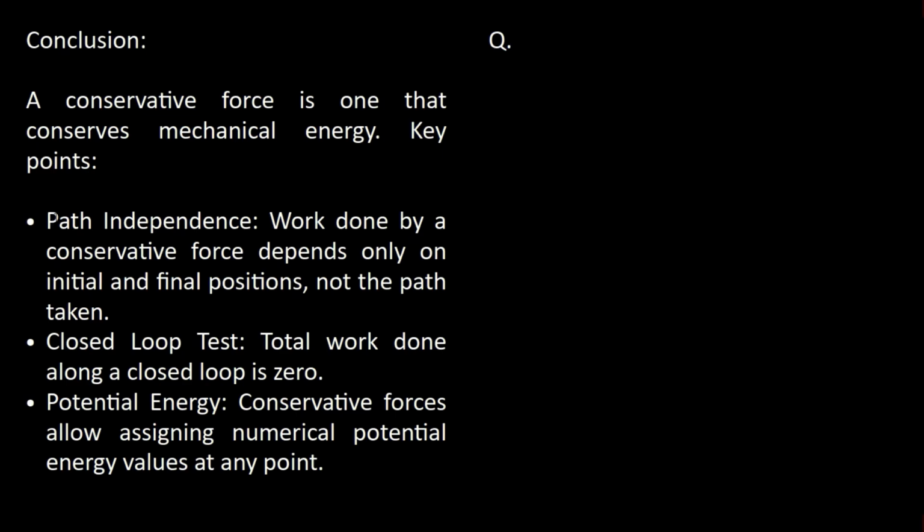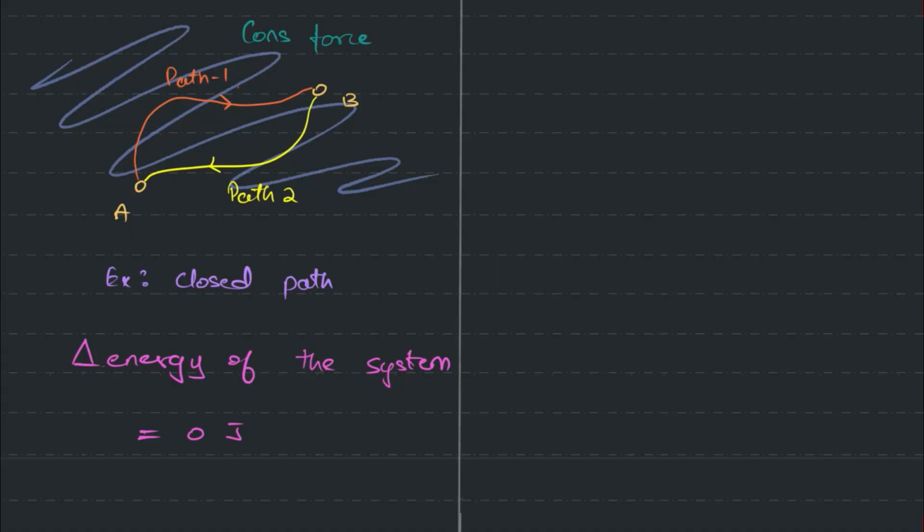The key points are that it is path independent, which we saw. Work done by a conservative force depends only on the initial and final position, not on the path taken. So what it means is path independent.